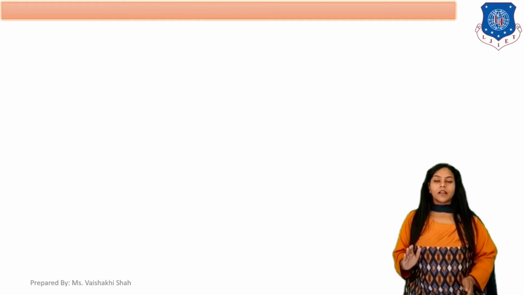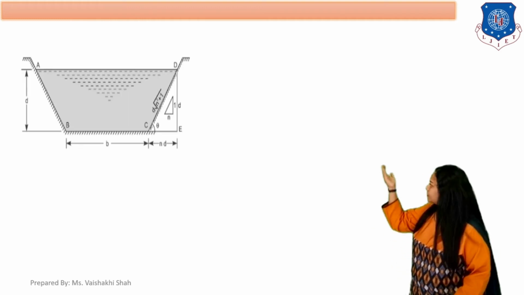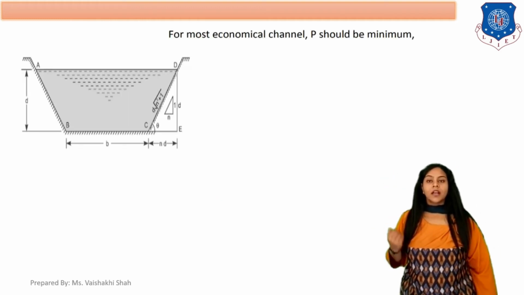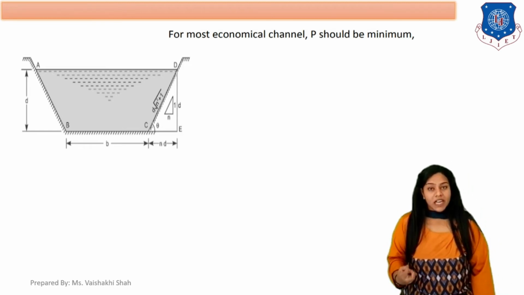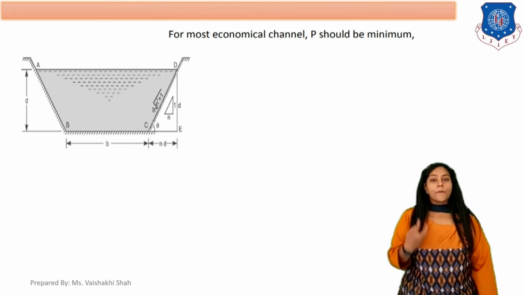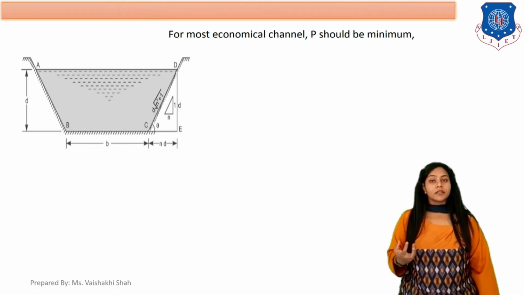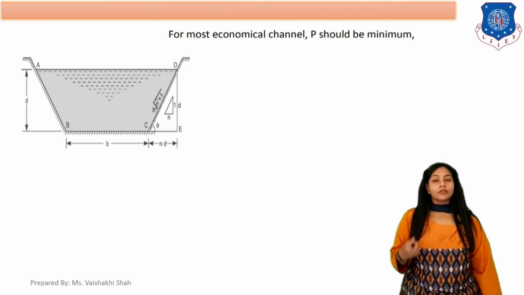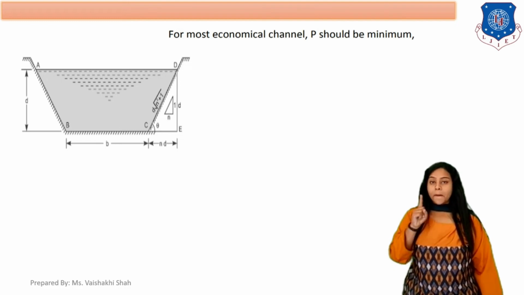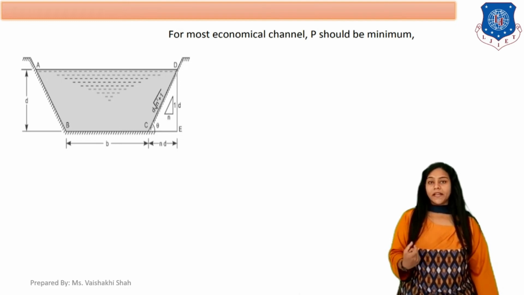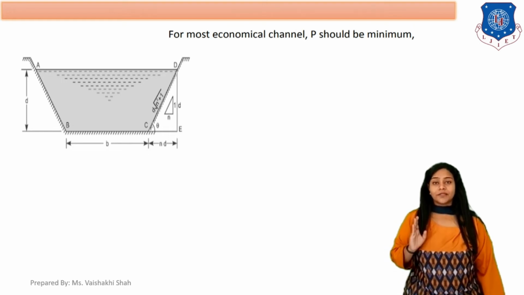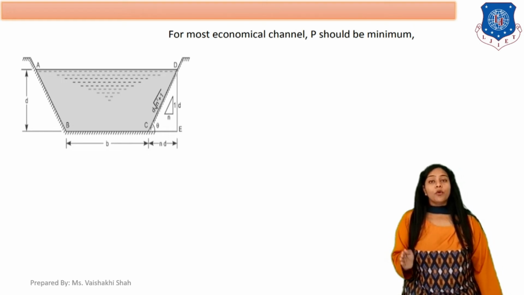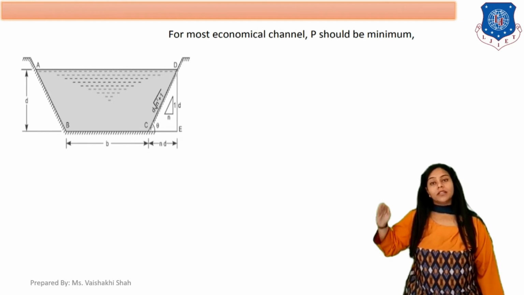Now moving further, again this is your diagram for trapezoidal section. For most economical section, what was the condition? Yes, for most economical section, perimeter, wetted perimeter should be minimum. We also discussed this in our most economical rectangular section.